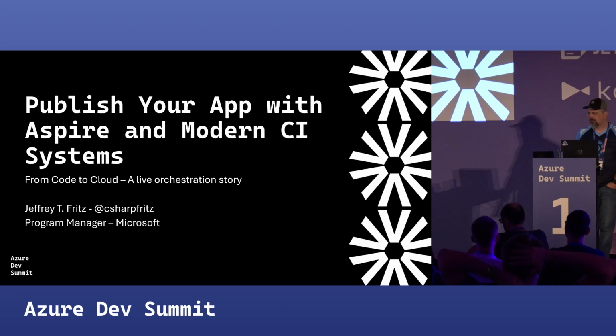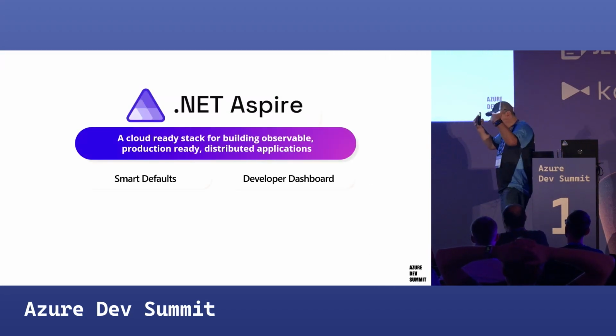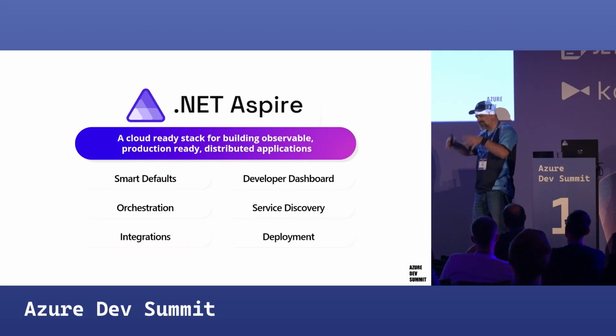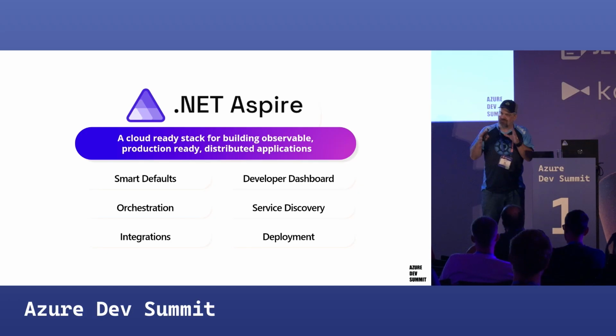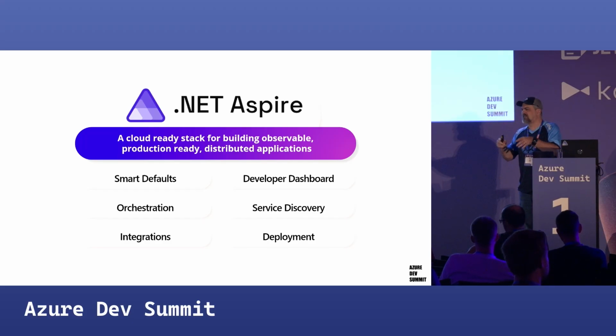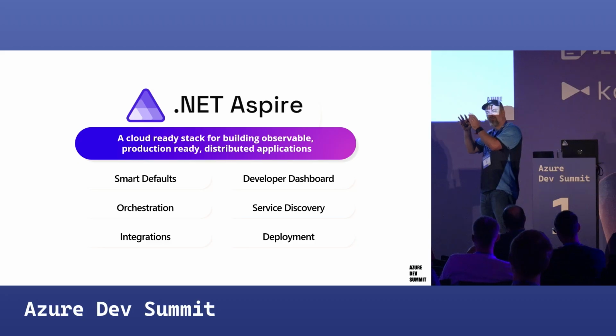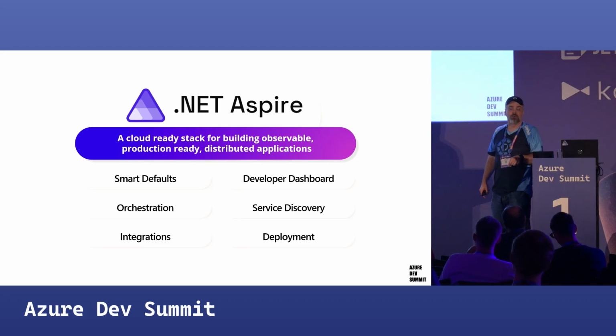So if you haven't seen .NET Aspire, you need to know that Aspire is our cloud-ready stack for building observable, production-ready, distributed applications. And that's a lot of words that basically means we're going to do all the things in the stack in an opinionated way that you don't want to do.